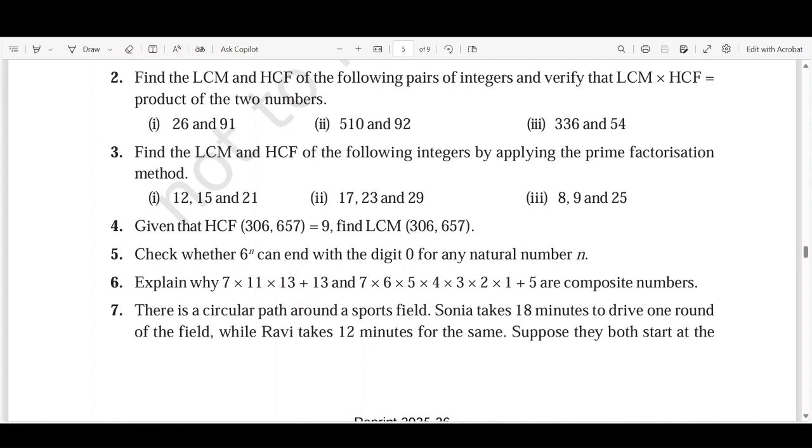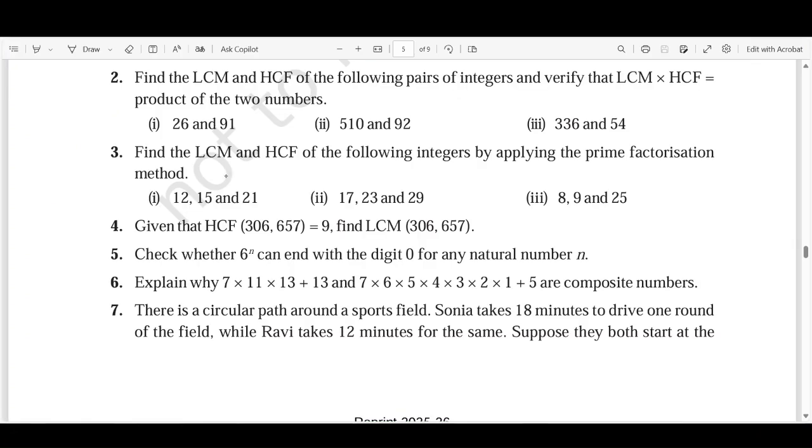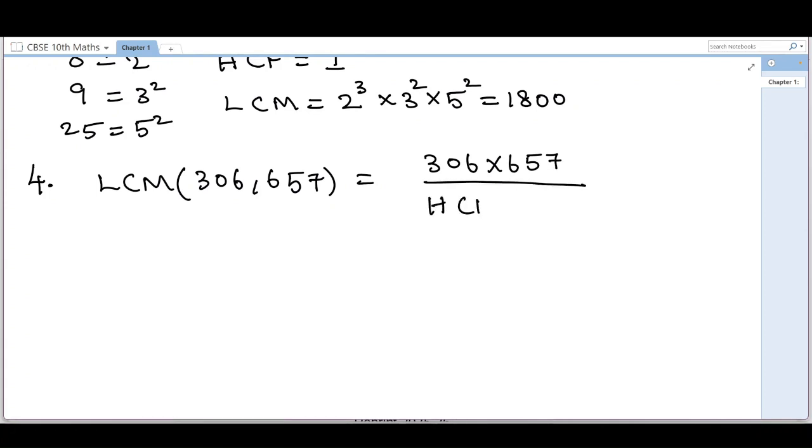So in order to find the LCM of the two numbers 306 and 657, we have to simply multiply the two numbers and we have to divide them by their HCF.